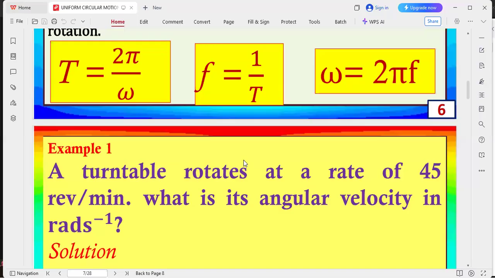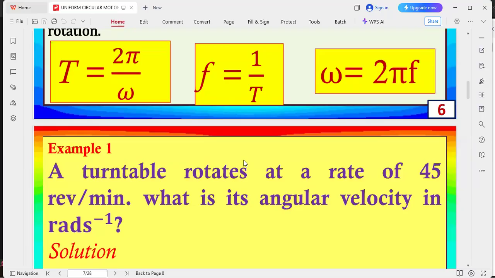What is the omega? Now we have learned about 4 ways of finding omega. The first one was omega equals theta over time. We don't have either of those. Second, omega equals 2 pi over T. We can get T. Third, omega equals 2 pi f. We can get f from this information.